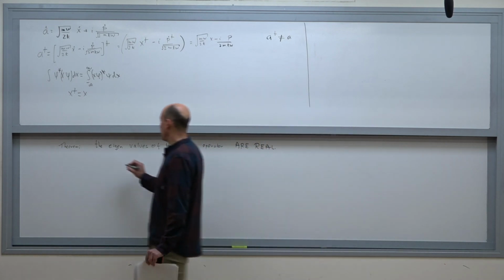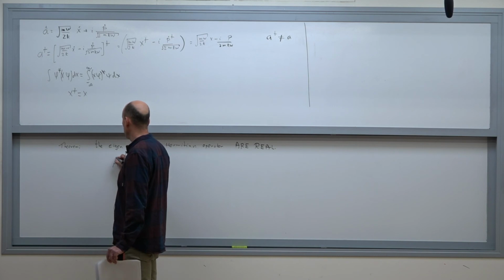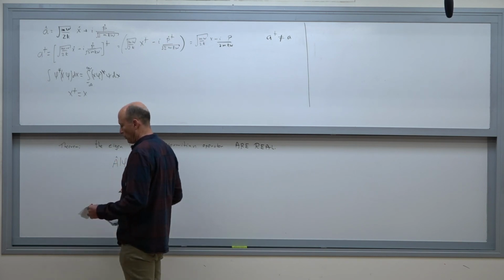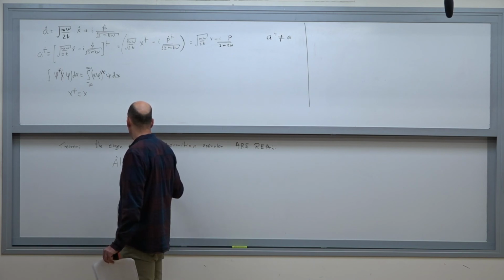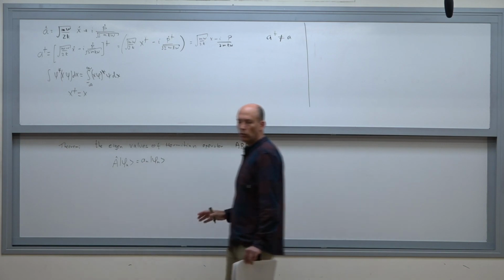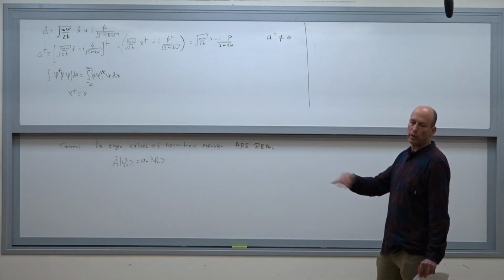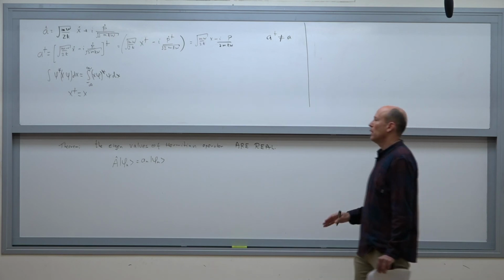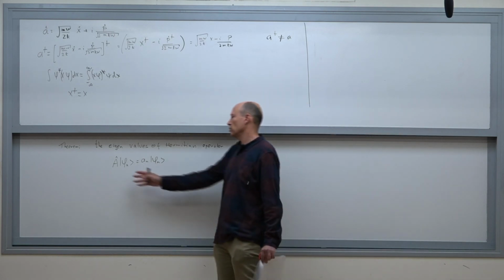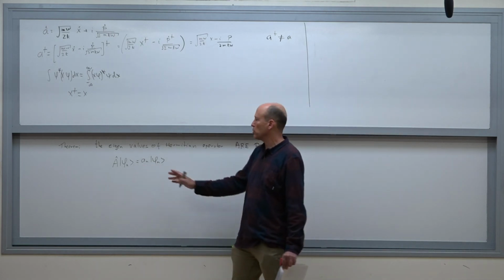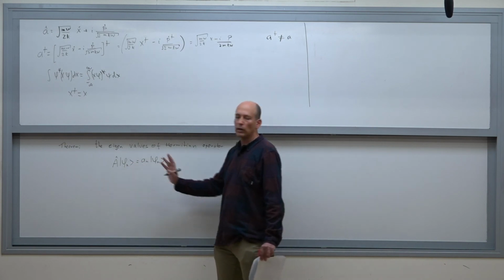It means the following in the Dirac notation: A phi n equals A n phi n. Here I introduce some quantum number n. It could be also a continuous number, it could be a discrete number, it could be many numbers, but just for the sake of it, think about a one-dimensional thing where you have one quantum number.